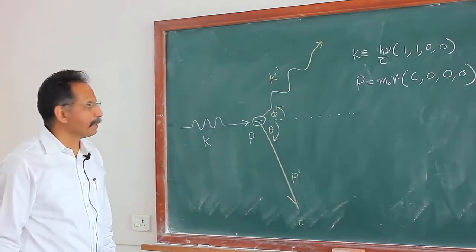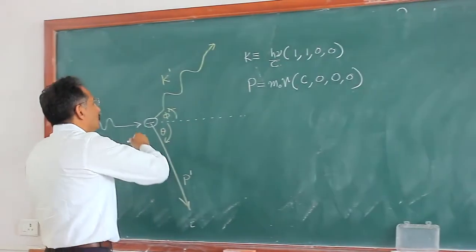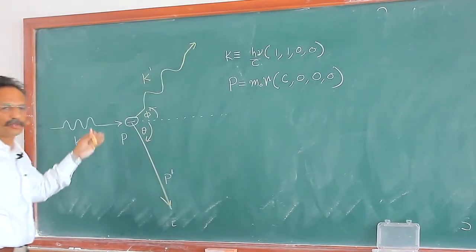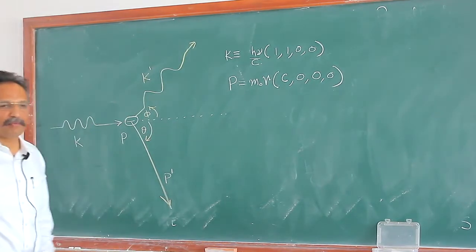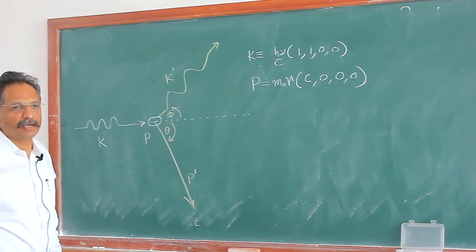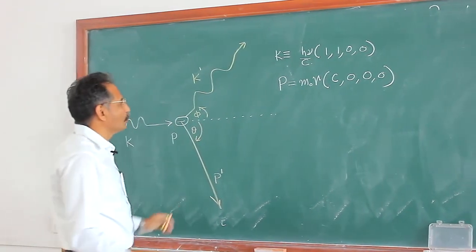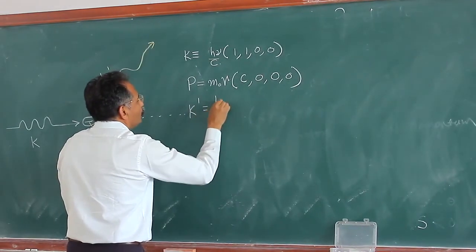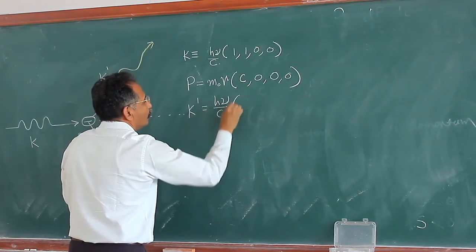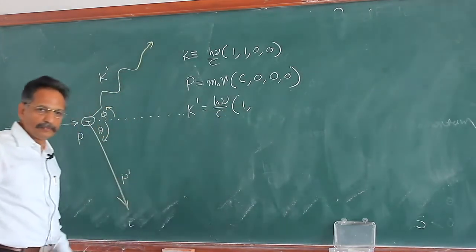Okay. Then it is scattered in some direction. So it has 2 components. One you can write by cosine component and another by sine component. So K dash is equal to h nu by c. Zeroth component is h nu by c.